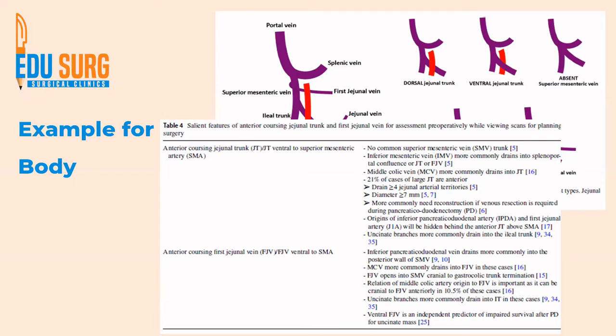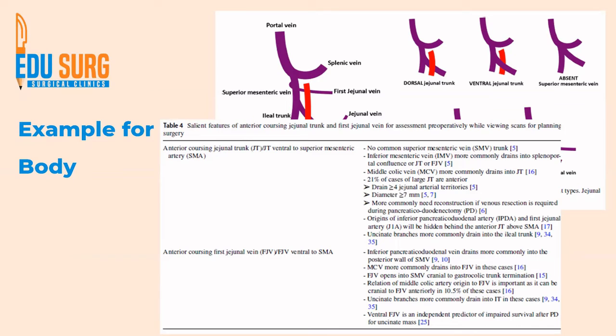And what we have done is we have very simply summarized the data. So anterior coursing jejunal trunk, and we have put all its points in one table from around 6 different articles.